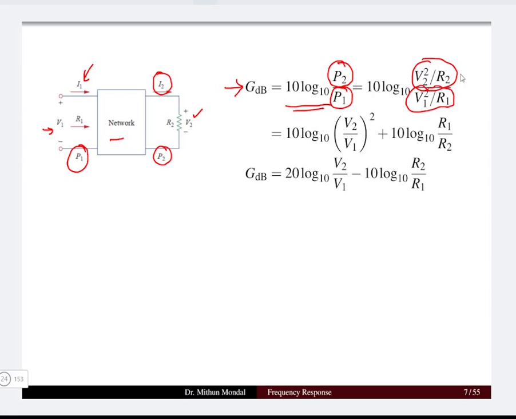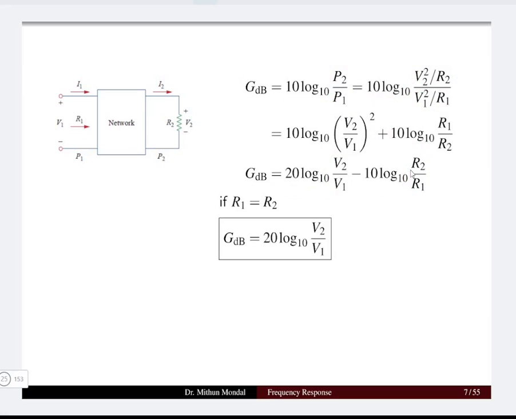So this is basically the division, but since logarithmic are involved, we can convert that into the subtraction of two terms. So we can obtain the gain using this expression involving the logarithm. So GdB we are getting 10 log 10 V2 square by V1 square minus 10 log 10 R2 by R1.